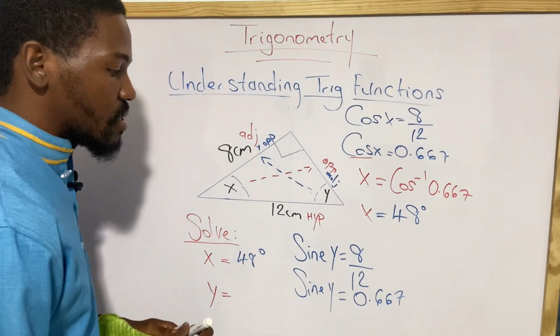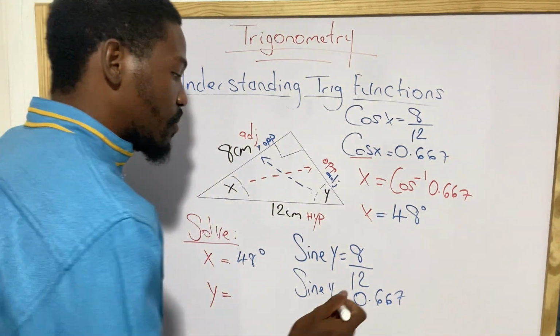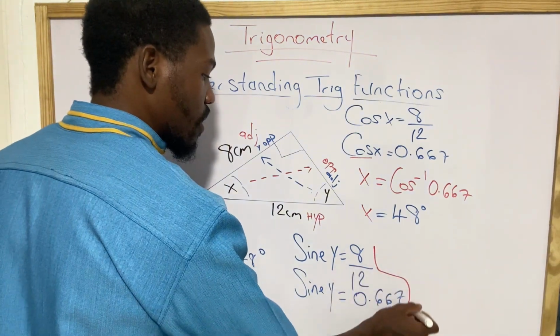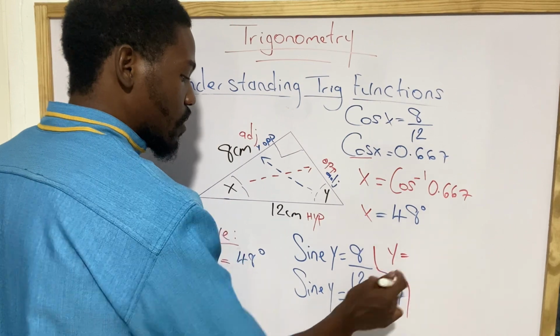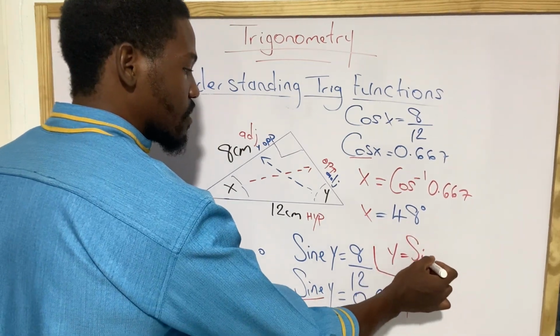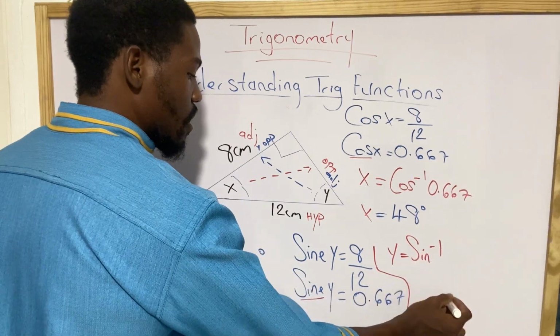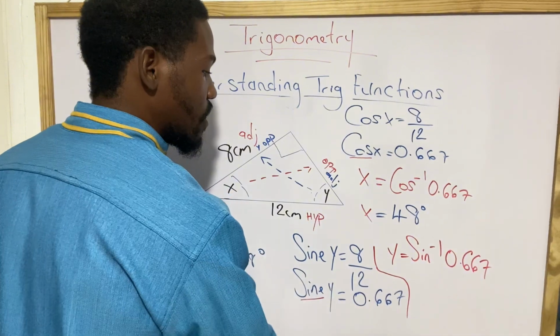But what changes is that when we try to find y, remember now we're going to change this sign and it becomes the sine inverse of 0.667.